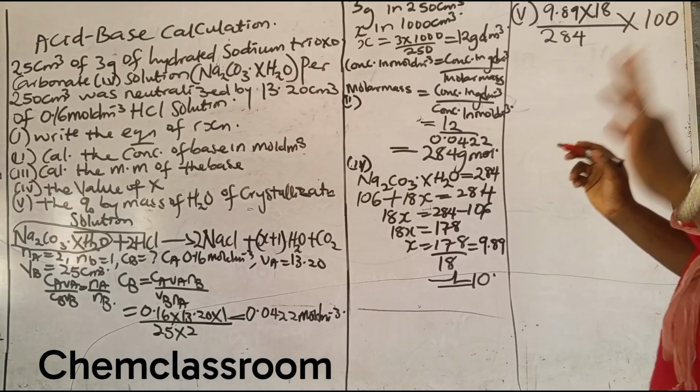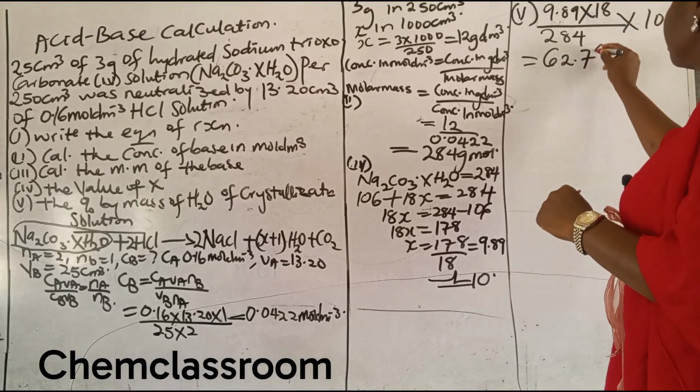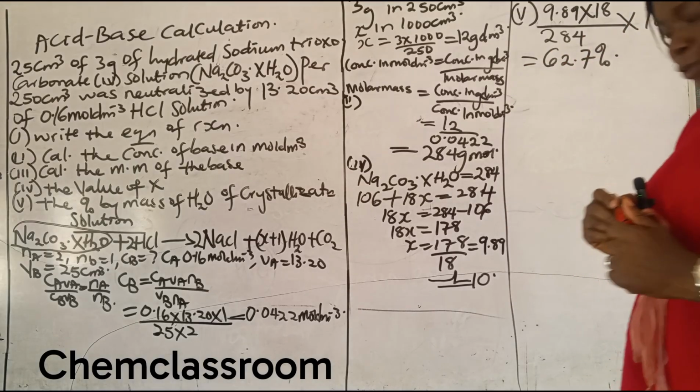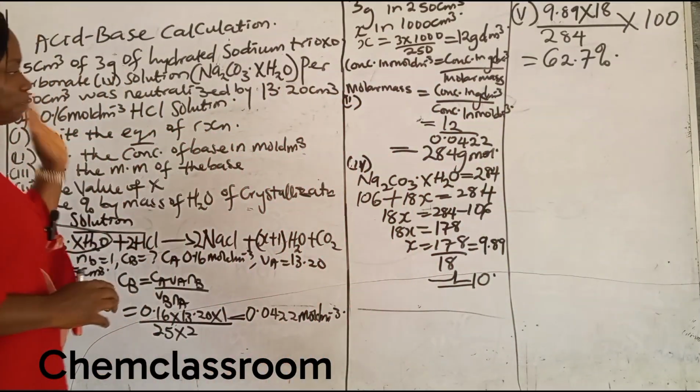So in all, you are expected to have 62.7%. So we have been able to solve this beautiful question.